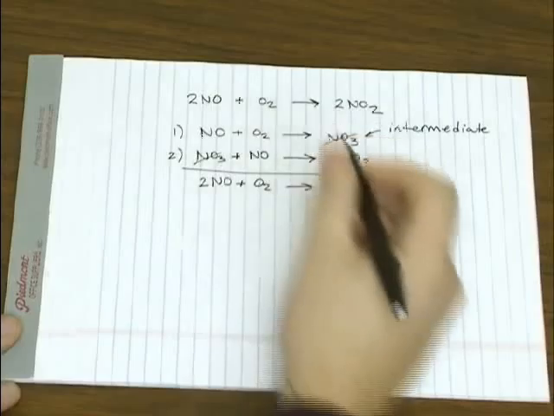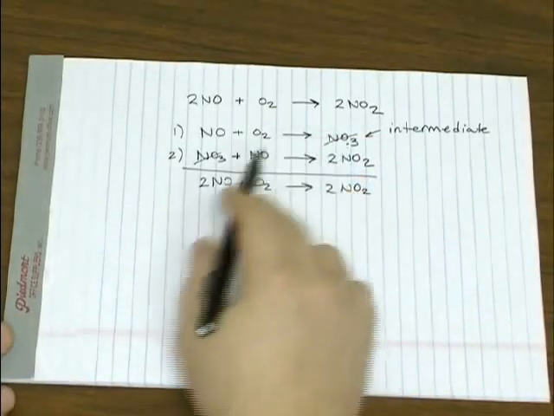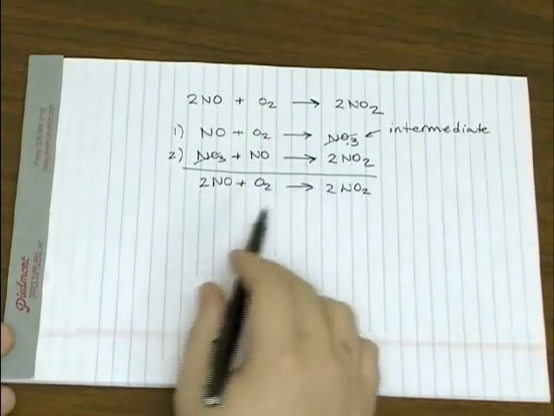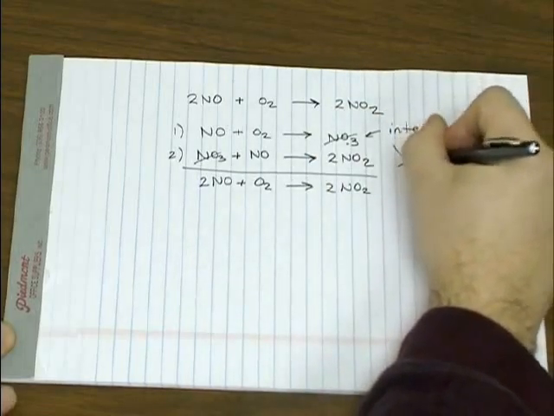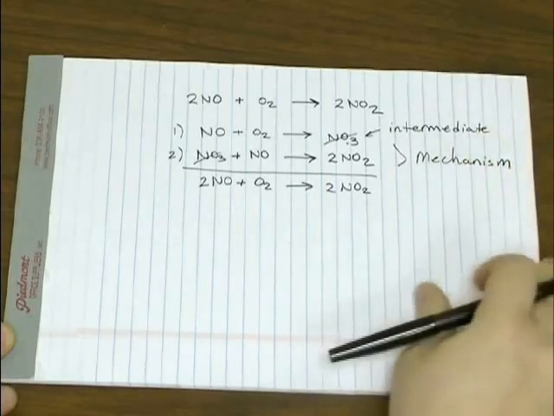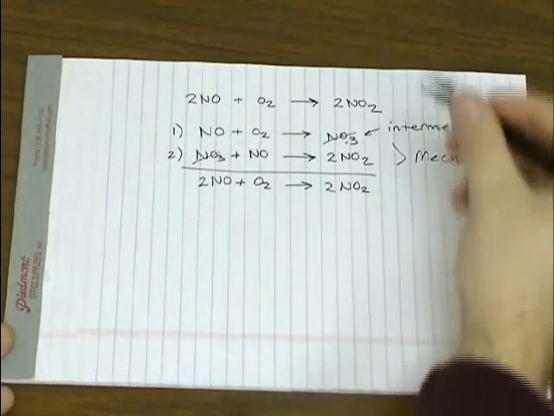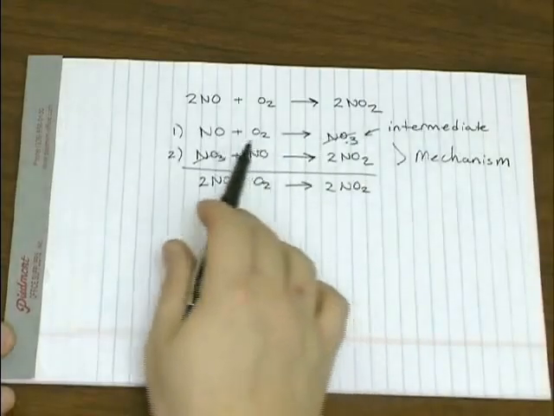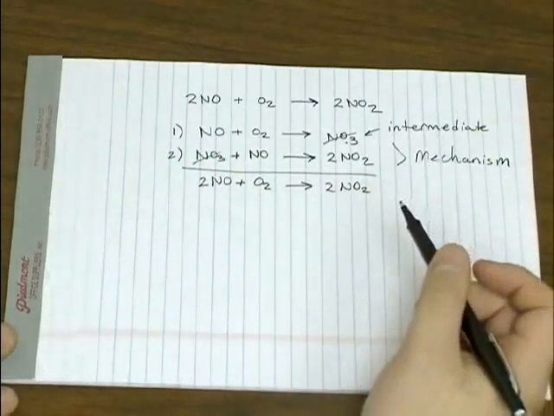So this two-step process where you form an intermediate NO3 and it goes on to form NO2 is what's referred to as a mechanism. A mechanism tries to explain how a reaction goes from reactant to product.